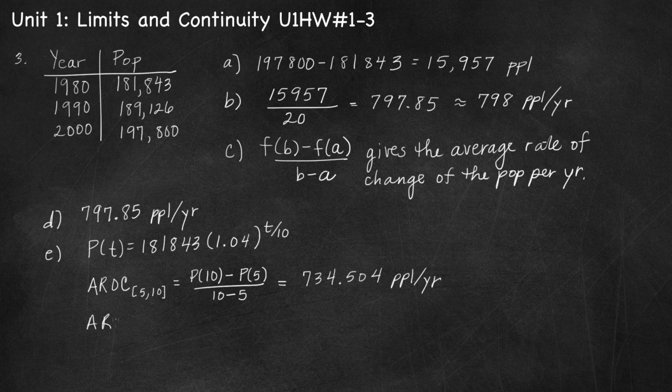The average rate of change on the interval from 5 to 9 would be P of 9 minus P of 5 over 9 minus 5. And again, using the equation and our calculator, we should get 733.061 people per year.